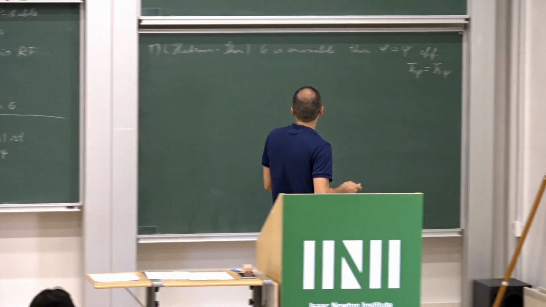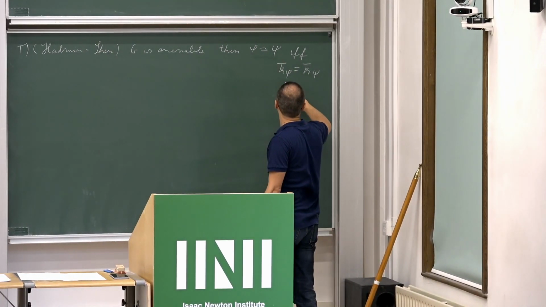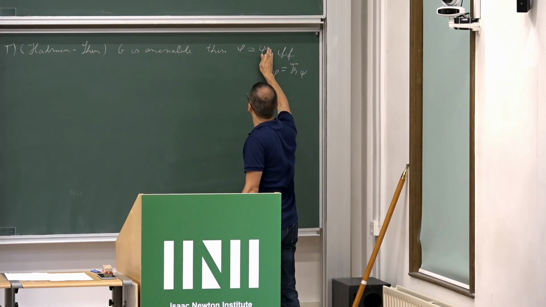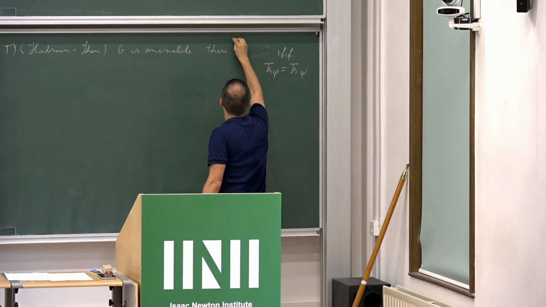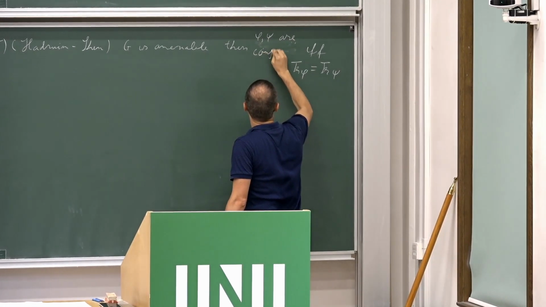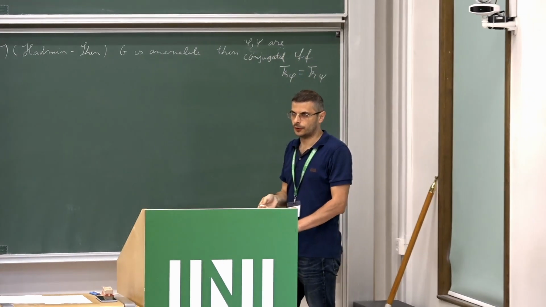So what about sophic morphisms? Those are hyperlinear, and I'm referring to, it's not equivalent here, it's conjugacy. So phi, c are conjugated if and only if they have the same trace, not equivalent.